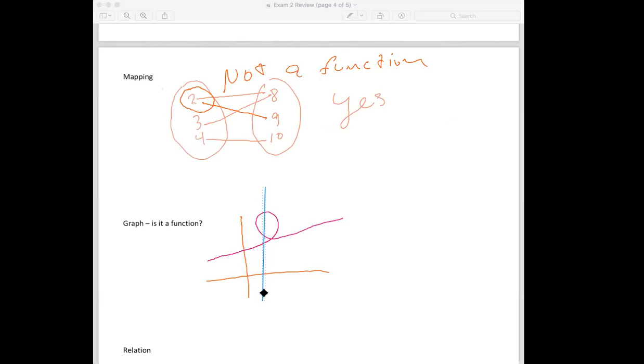Here it's hitting in 3 places, here 2, here 3, here 2, and then back to 1. So this is not going to be a function. The situation where it hits in those 3 places, from the mapping perspective, would look like this: 1, 2, 3.